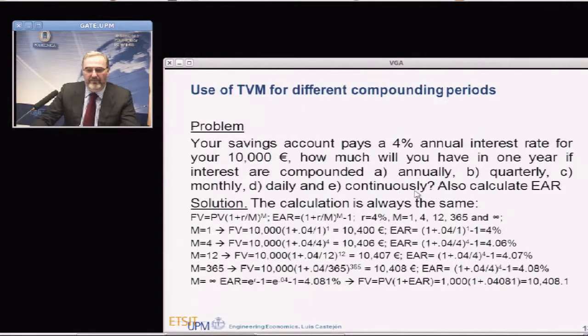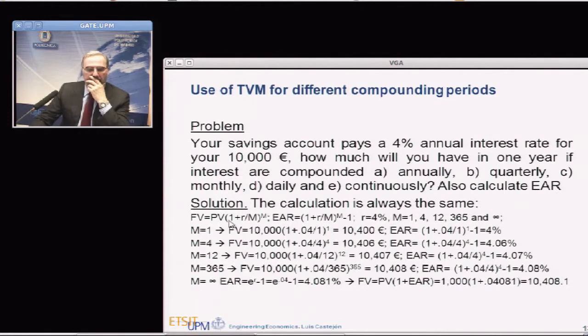And for example, here you have a problem with different time periods, daily, continuously, annually, quarterly, and calculate the equivalent annual rate.